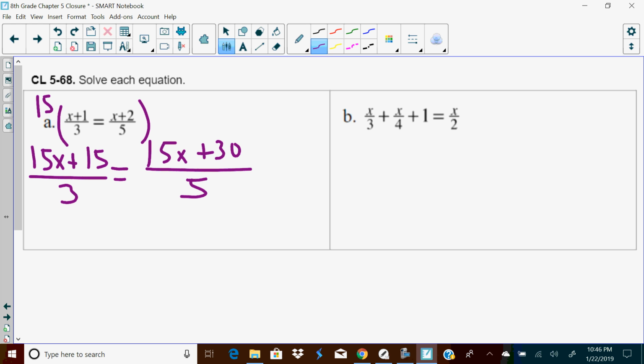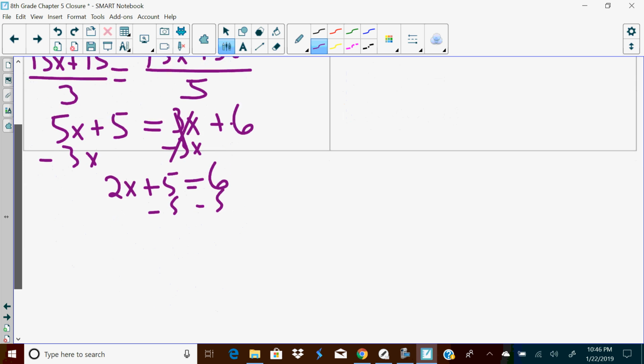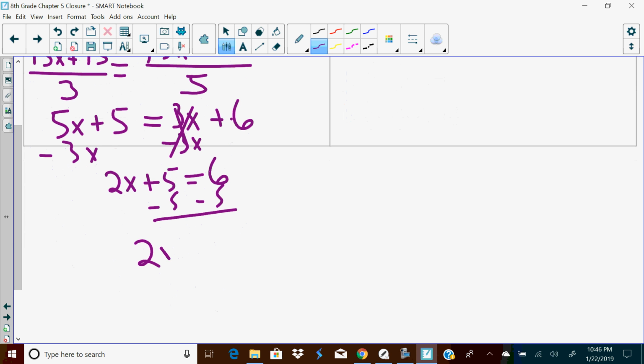So when I simplify, I get 5x plus 5 equals 3x plus 6. So subtract 3x from both sides. So I'm going to get 2x plus 5 equals 6 minus 5. So I get 2x equals 1, divide both sides by 2, so x is going to equal 1/2.